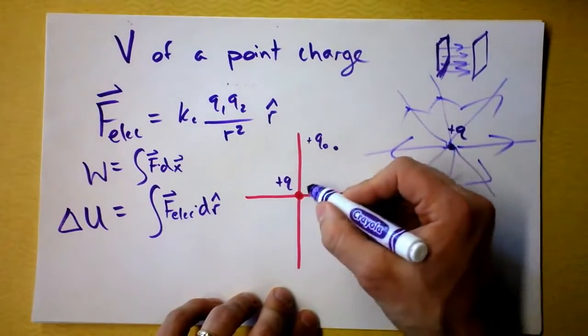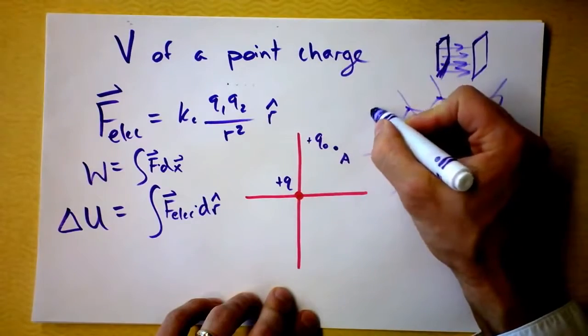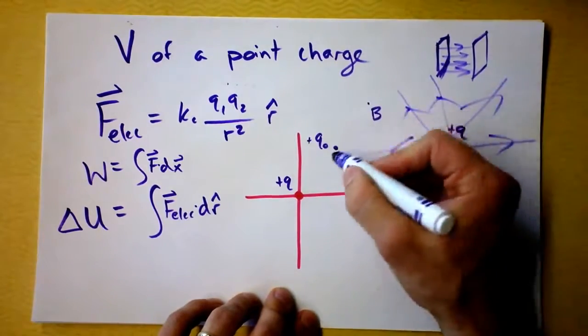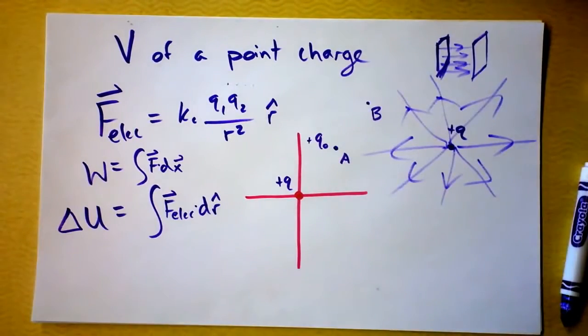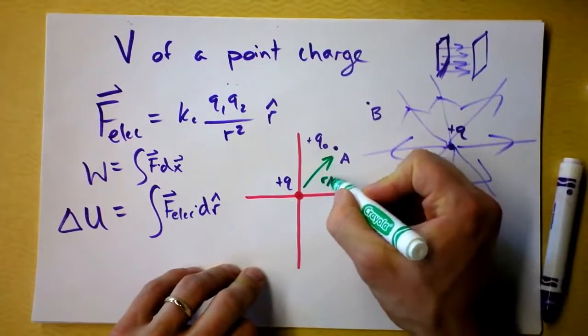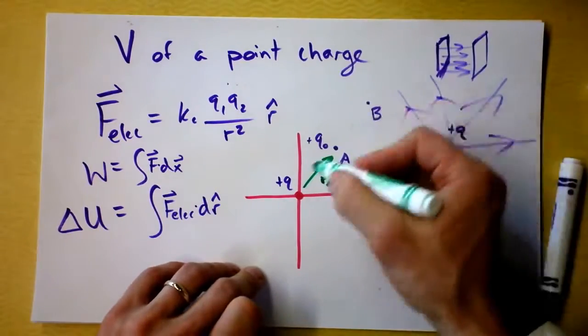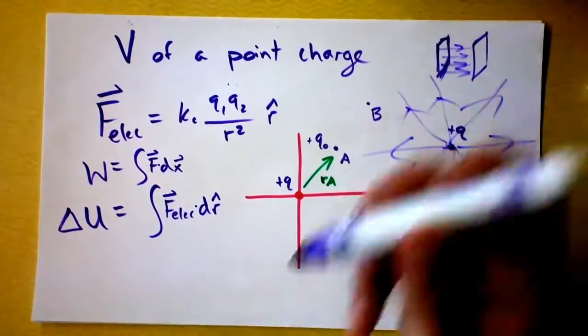And this distance right here, I'm going to call that location A, and I'll probably want a location over here labeled B in a little bit. Because I'm calling it location A, I can then show this distance as r sub A, and this distance here will then be r sub B. I think to put it on there would just clutter my picture though.